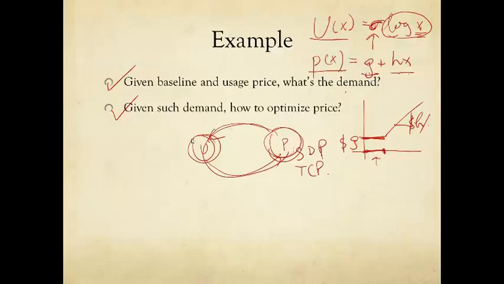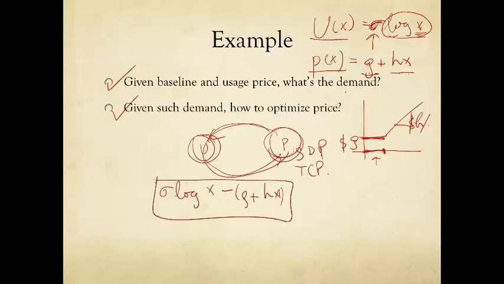All right, so let's write down the equations. First of all, on the consumer side, I'm going to look at my net utility, which is sigma times log of x minus the price, G plus Hx. This is my net utility. I will set the derivative with respect to x to be 0. What is the derivative?